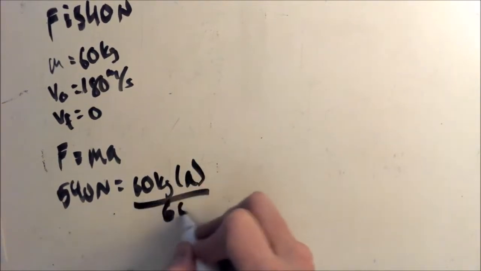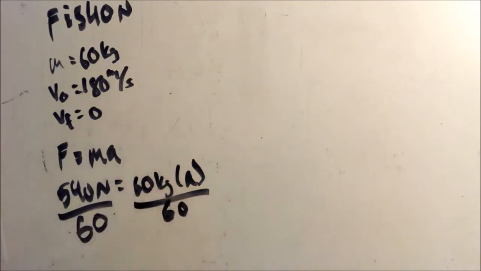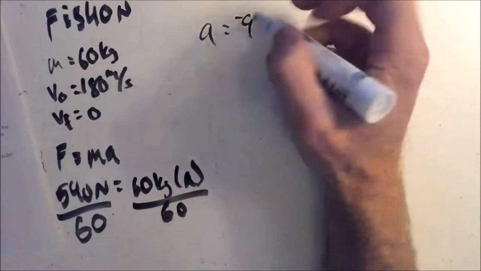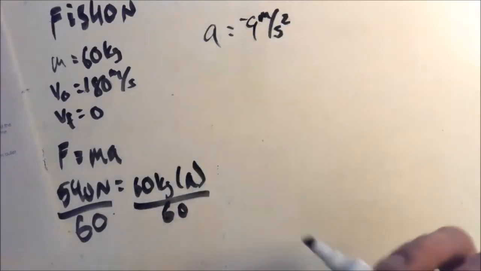If we divide both sides by 60, 540 divided by 60 equals 9. We have an acceleration of negative 9 meters per second squared.